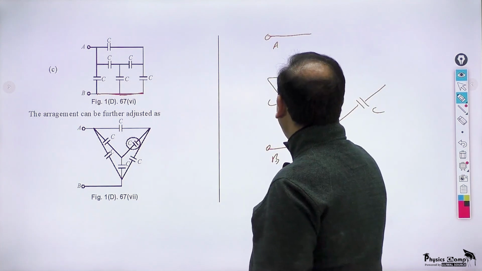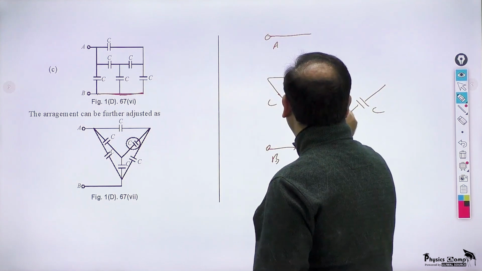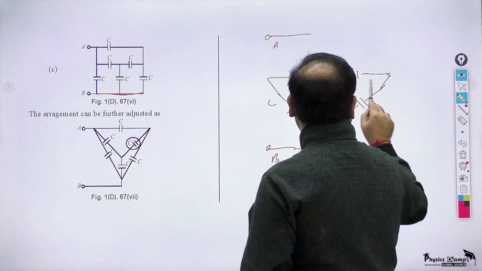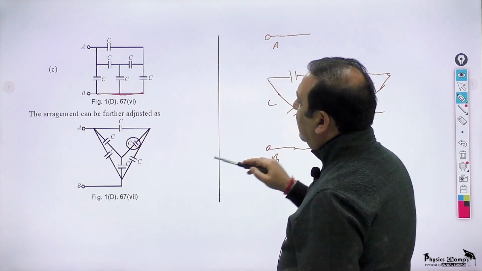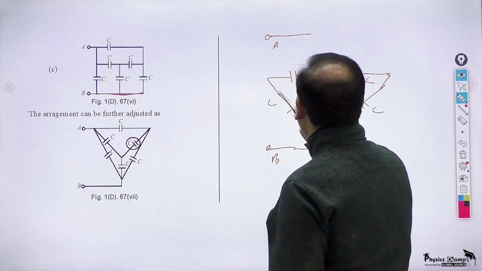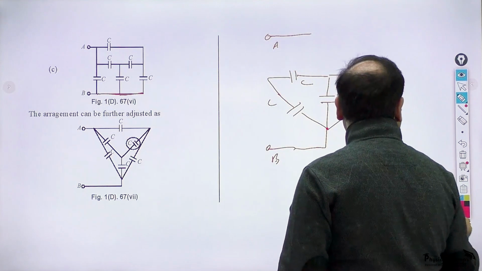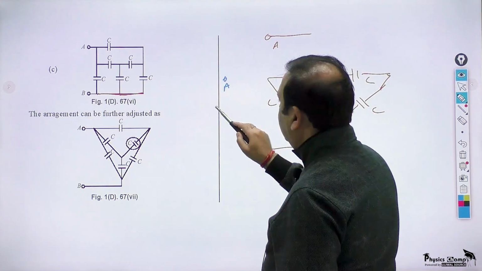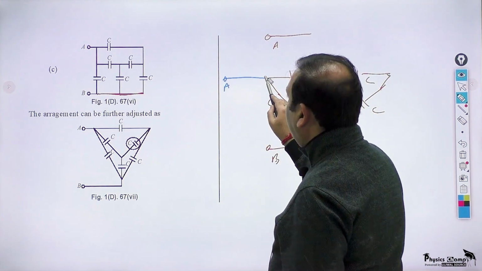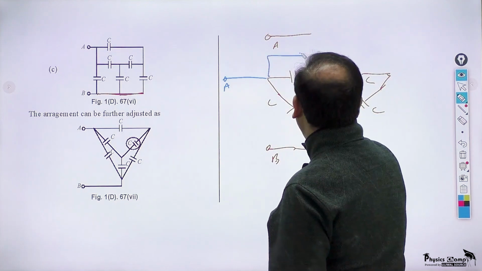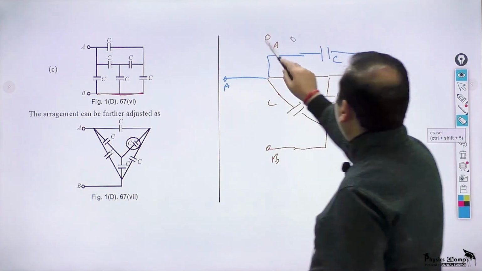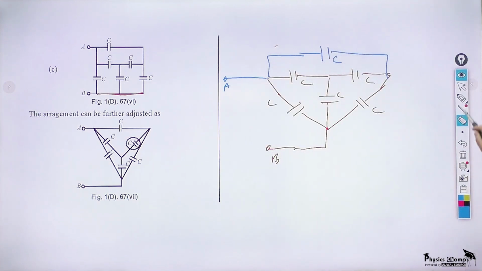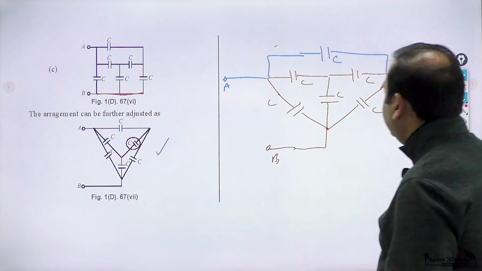Then I have a capacitance C here, and a capacitance C here. And then from A we have this, so I can show A here, and I can say yes, between A and this we have a parallel capacitance C. So either you take it this way or you take it this way.